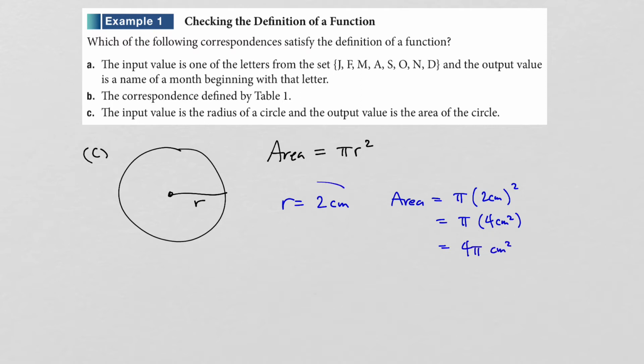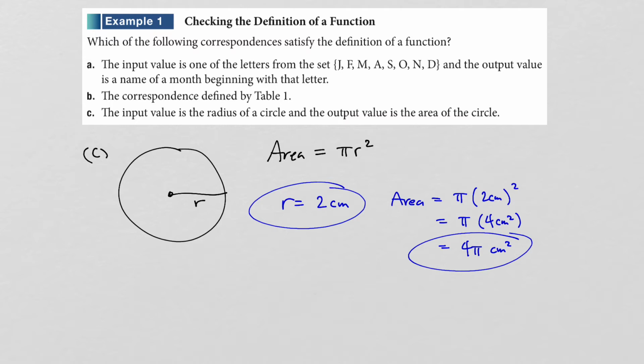So when I have a radius of 2 centimeters, I had one input value and it gave me exactly one output value, right? It's not possible for the area to be something different from 4 pi when the radius is 2.